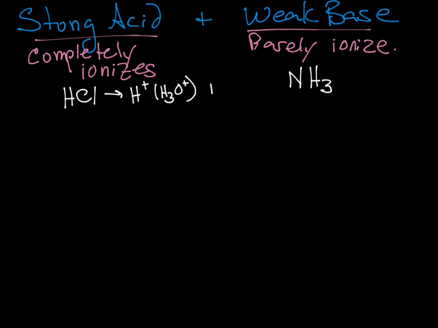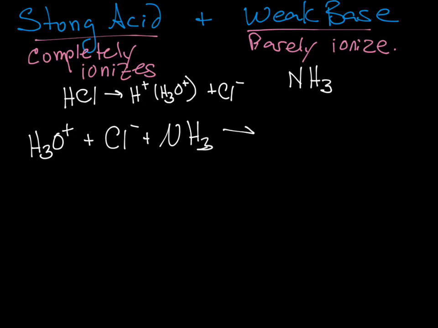and Cl minus. So when we mix these together, we'll end up with H3O plus, Cl minus, plus our weak base. So what's going to happen here? Well, the extra H here could be donated to either the Cl or the NH3.